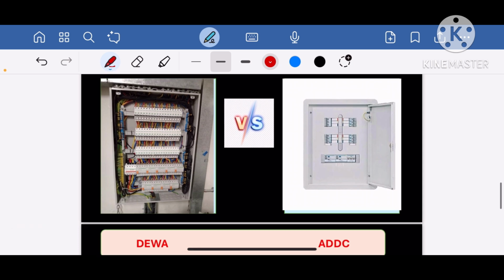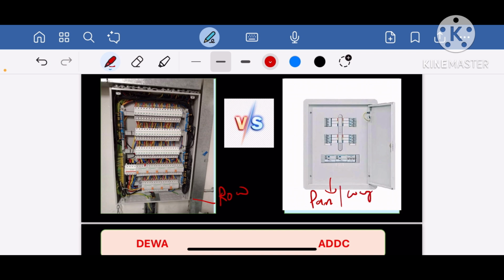Here we see this is one DB as per DEWA regulation, and this is one DB as per ADDC regulation. This DB is a row type DB, and this DB is a pan assembly type DB, or we can say split way type DB.